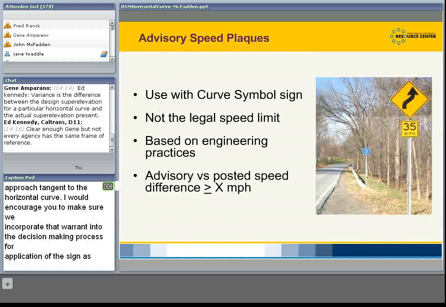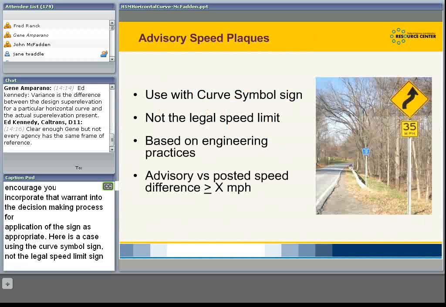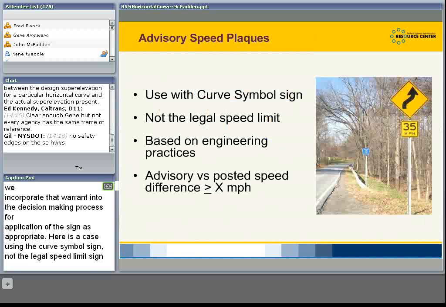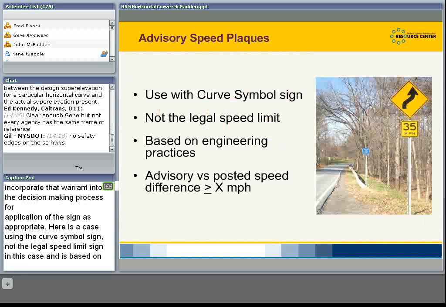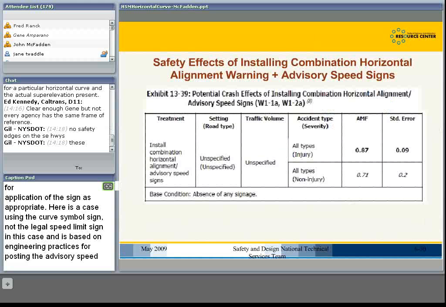The MUTCD has just adopted some new warrants for when you would install the horizontal curve advisory sign and the speed advisory placard as a function of the speed difference from the approach tangent to the horizontal curve.